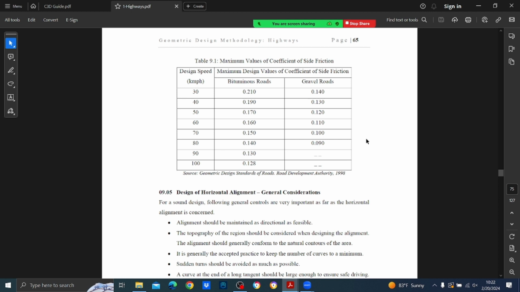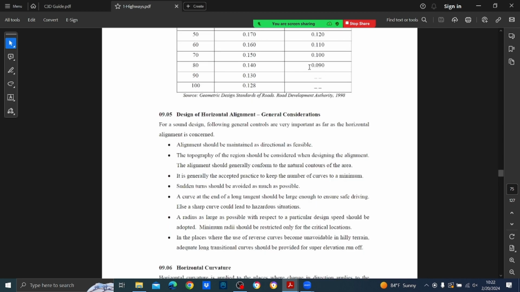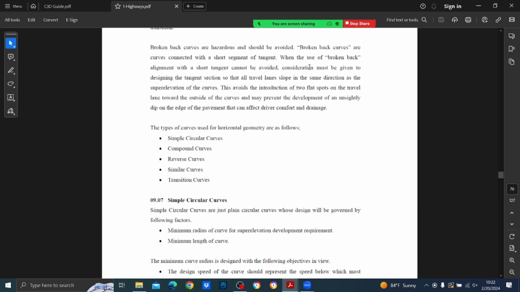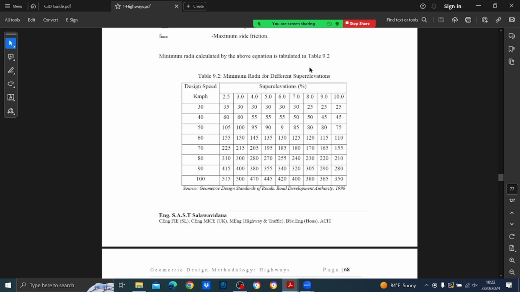In 2017, the Indian Road Congress produced their own Highway Capacity Manual, which is more relevant to us than the American one. But anyway, what we are supposed to do is get these side friction factors through our own research. Then finally, this is where I wanted to come.